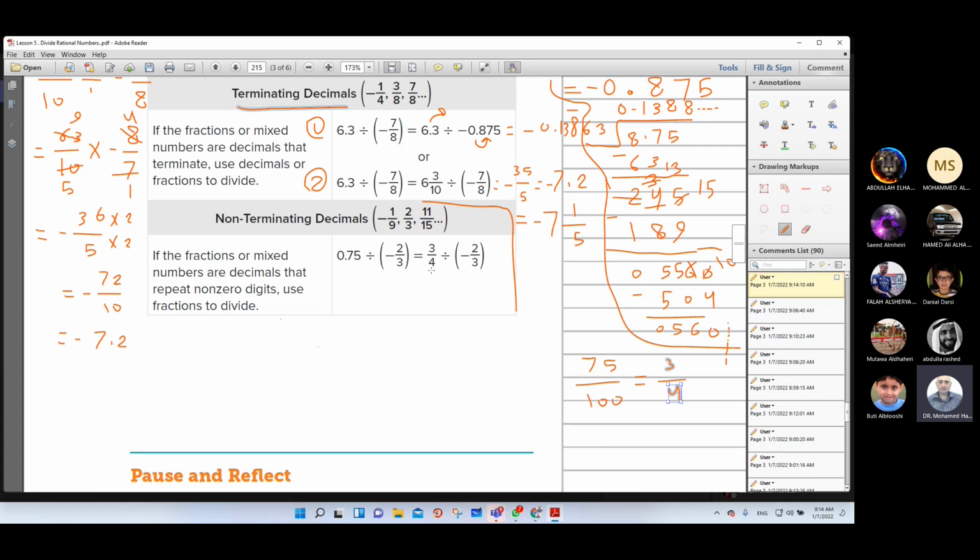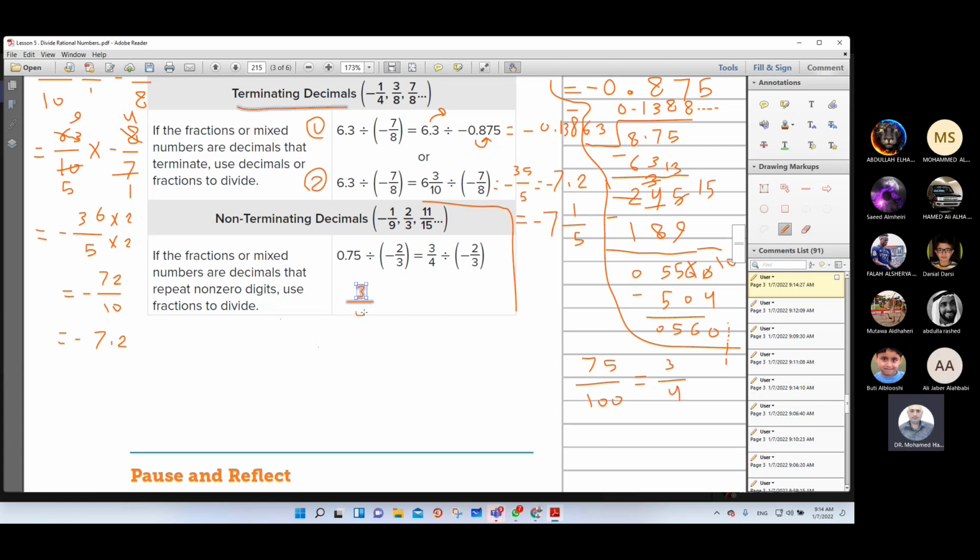And keep the same second fraction. Then you can use the rule. You have 3 over 4: keep the first number, keep the numerator, change from divide to multiply, then find the reciprocal of the second number. 2 over 3 will be 3 over 2.